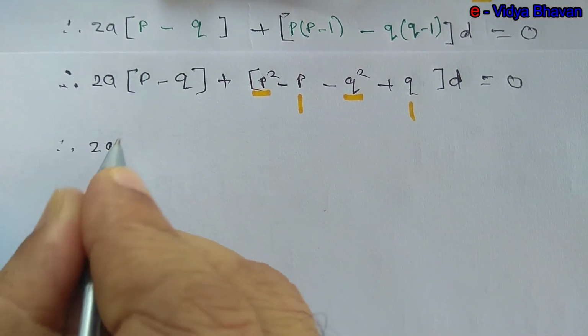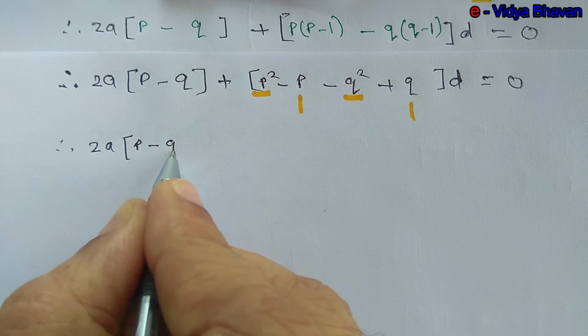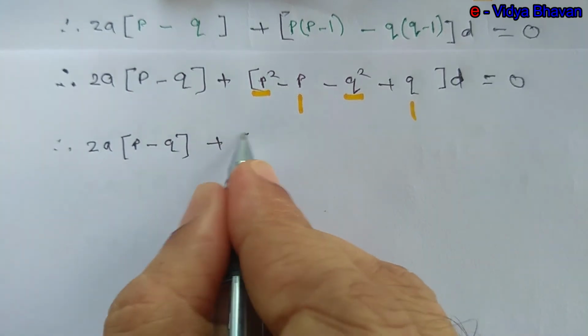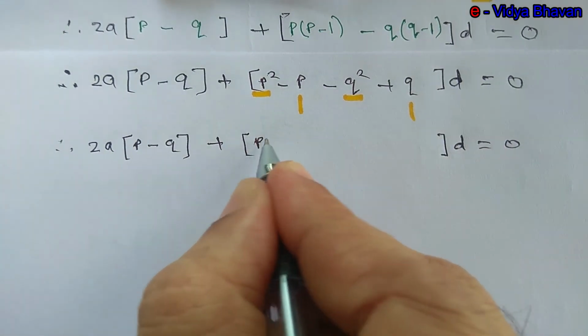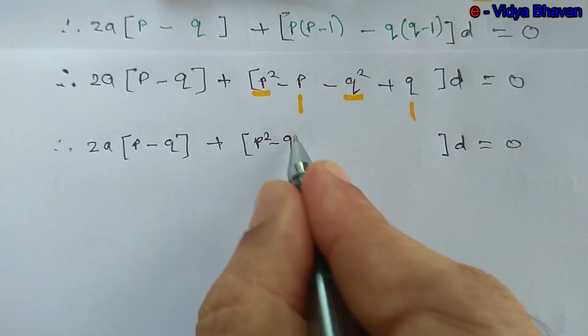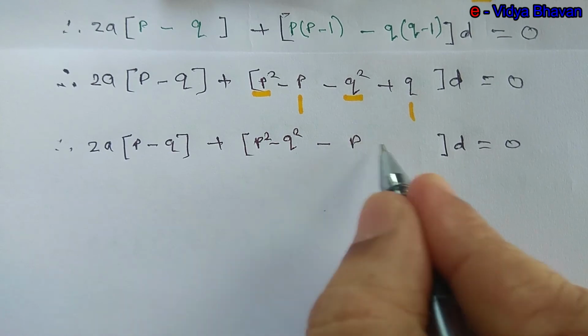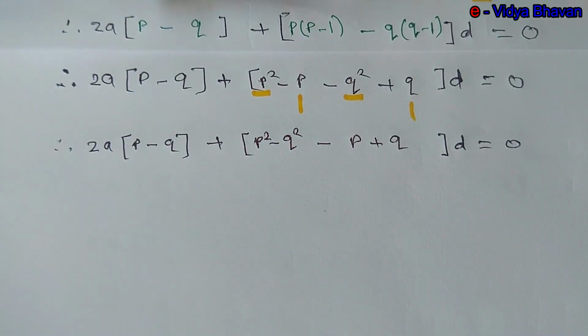Therefore, 2A P minus Q plus P square minus Q square minus P plus Q.